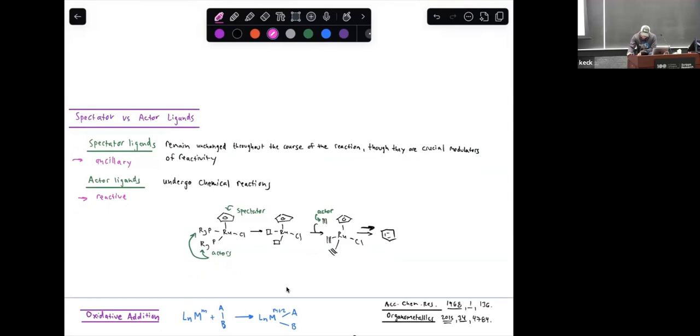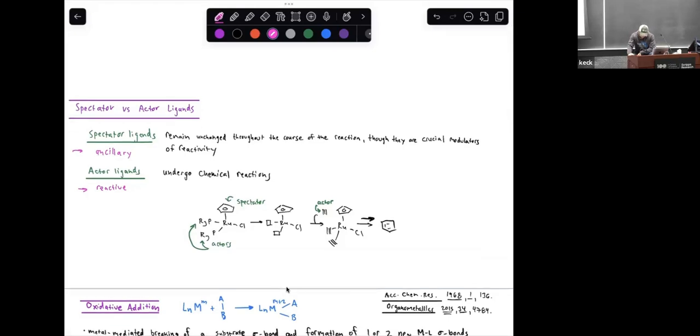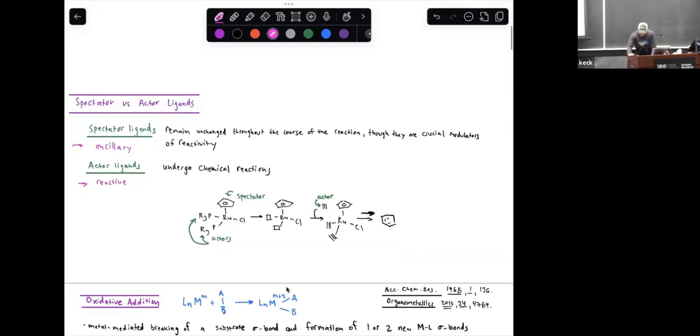You start with this pre-catalyst, a bisphosphine ligated ruthenium Cp chloride. First thing that needs to happen is to open coordination sites for the reactive alkynes to coordinate, so that makes the phosphine ligands actors. The alkynes, of course, are reactive, so those are actors, and then the ligands that are doing nothing throughout the course of the reaction are not doing nothing. They're still influencing the steric and electronic profile at the metal center, but in a more indirect way, so they're referred to as ancillary ligands, the Cp and the chloride.